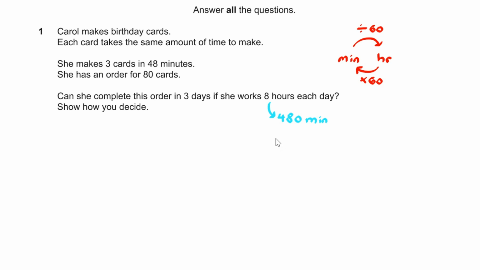Now if she takes 48 minutes to make 3 cards, what we can do with this information is find out how many cards she can make in 1 day. So, in 1 day, what we have here is 3 cards in 48 minutes, and therefore we have 1 card in 48 divided by 3, which is 16 minutes.